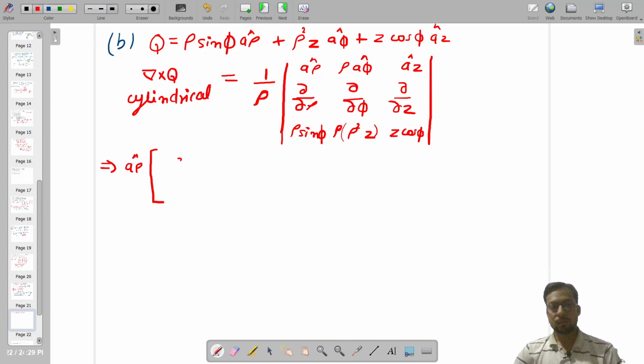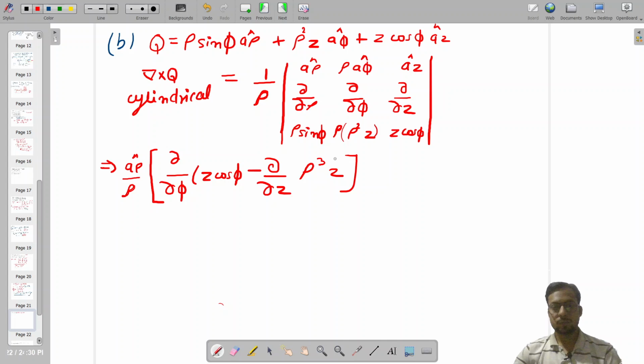we have del upon del phi of z cos phi minus del upon del z of rho cube z, and also the 1 by rho term.